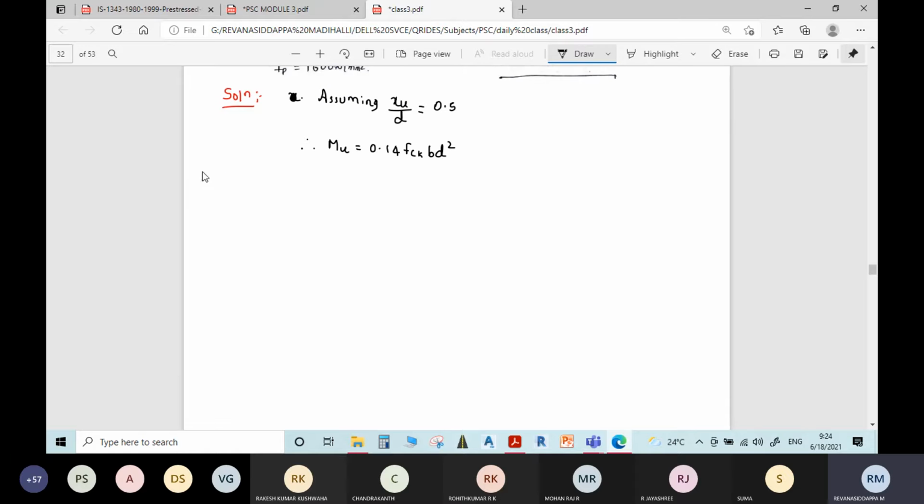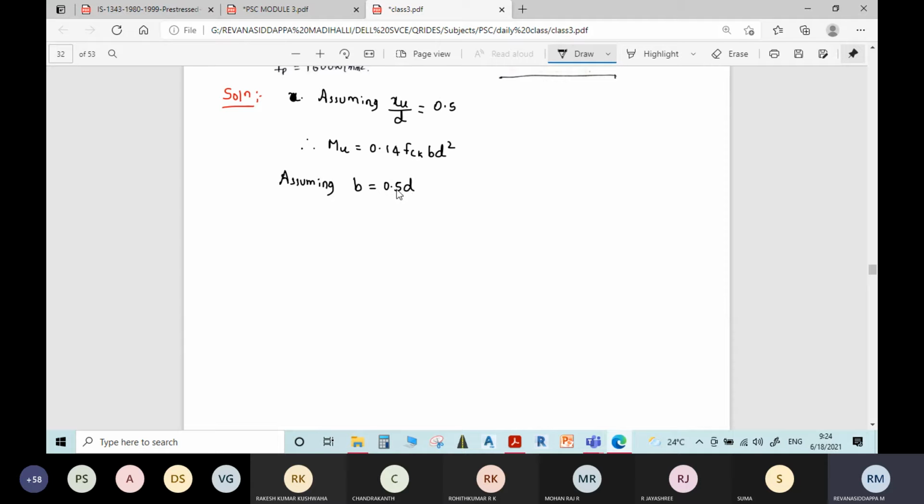Now this width of the beam, we will assume it as half of the effective depth, 0.5 d. Depth of neutral axis and width of the beam both are assumed as half of the effective depth.